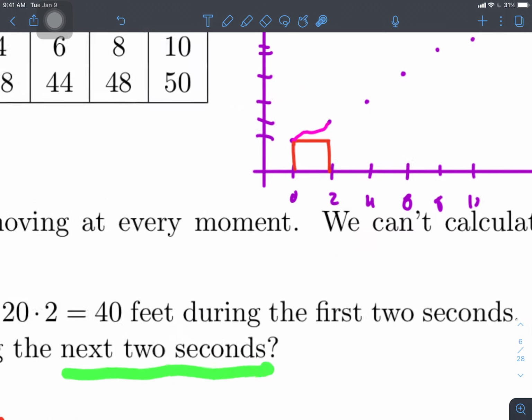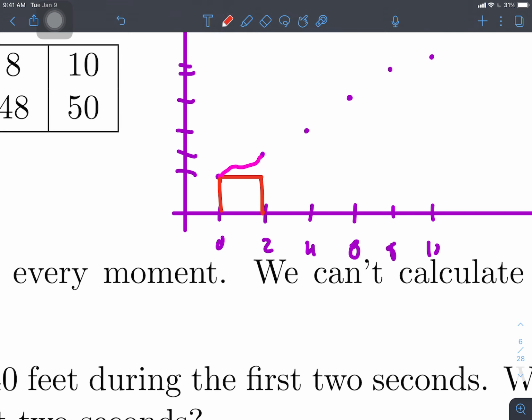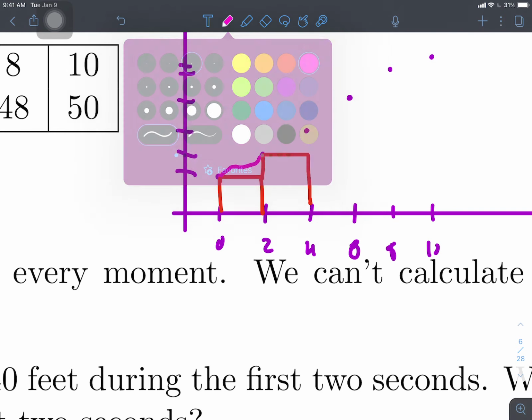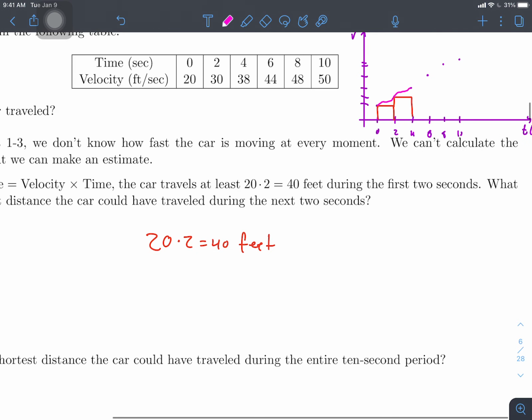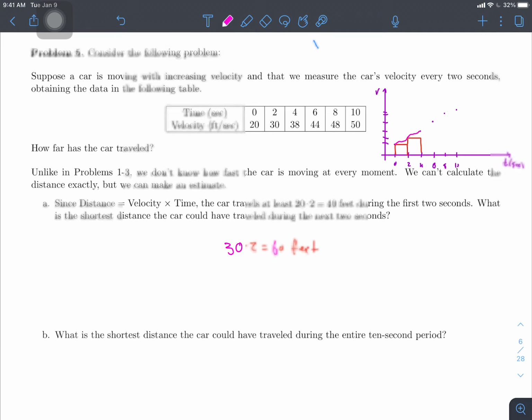Well, in the next 2 seconds, an underestimate for the car's speed is again, whatever the speed was at the start of that interval. We know that that's an underestimate because we know that the function is increasing, right? So another underestimate for that would not be 20 times 2, but rather it would be the lowest height that this function could be in this interval is 30. So you can tell we're doing a lower sum here, right? 30 times 2 is 60 feet.